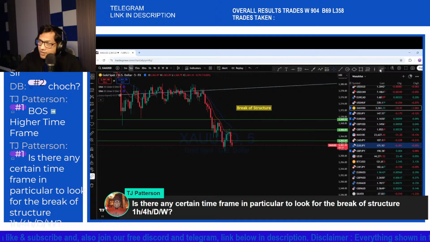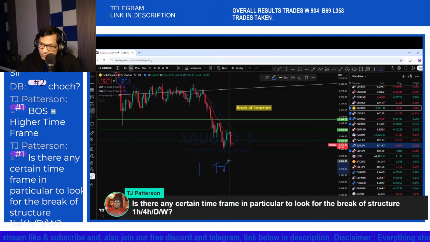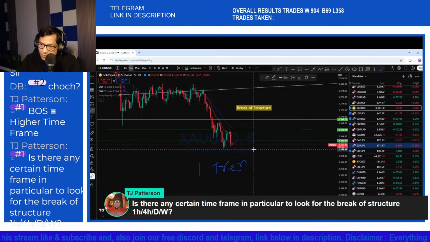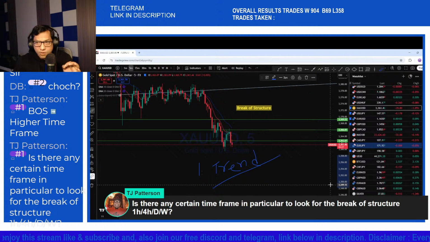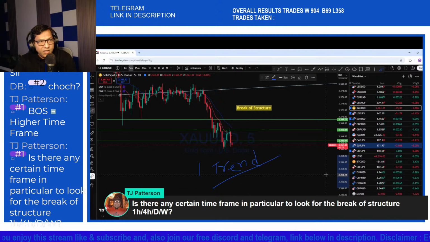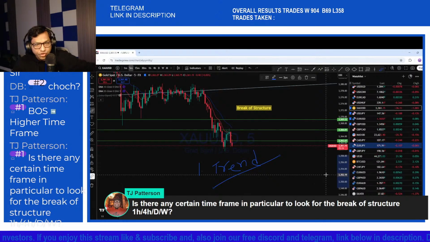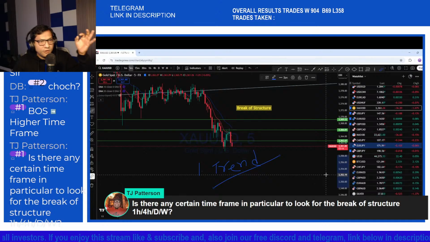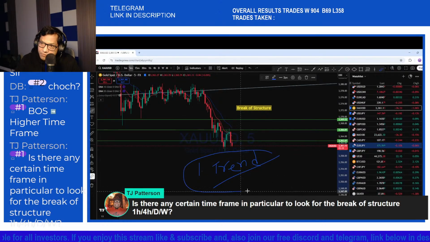So the number 1 priority here is trend. This is the most important part for every successful trader. Whether you are an institutional trader, a hedge fund manager, or trading billions of dollars, everyone looks for the trend.